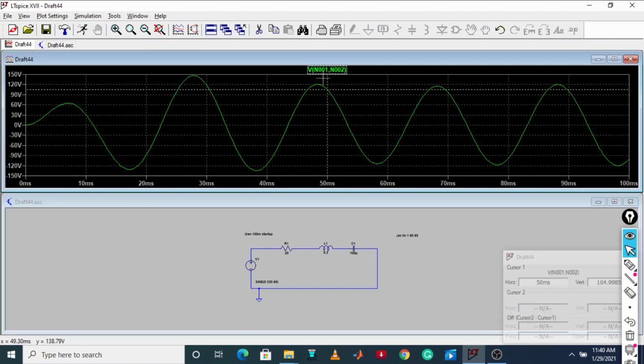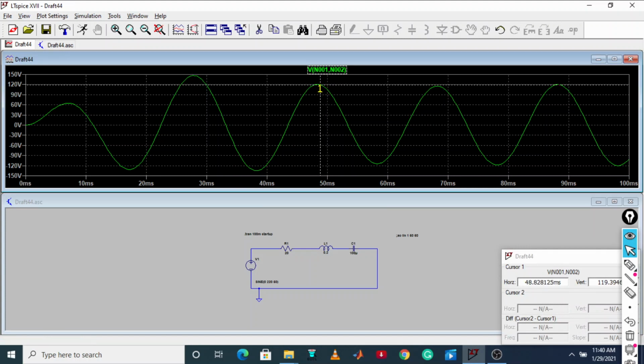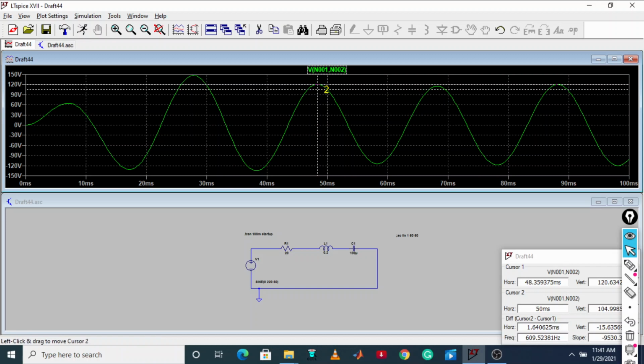Now if you see the voltage, it is around 120 volt across the resistance.